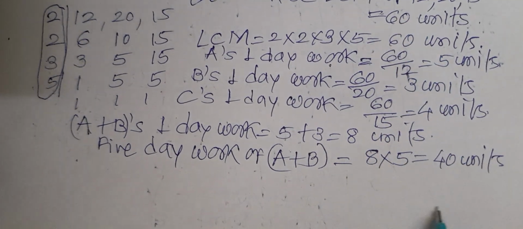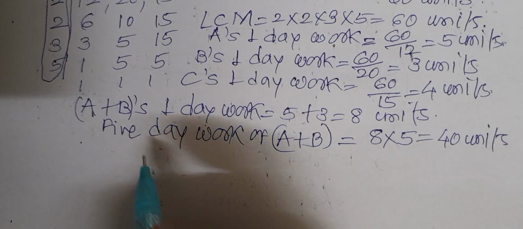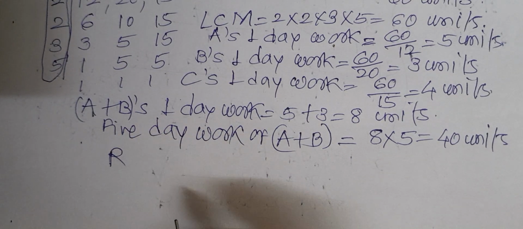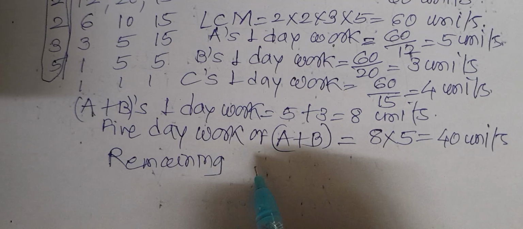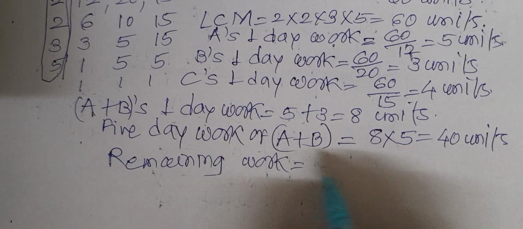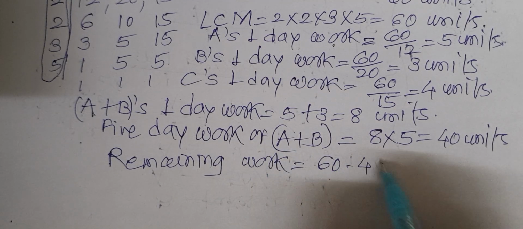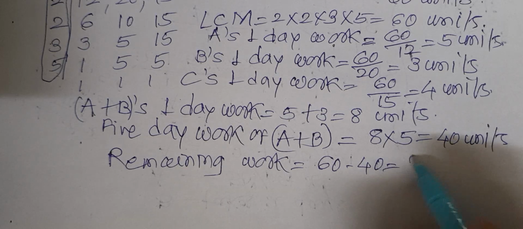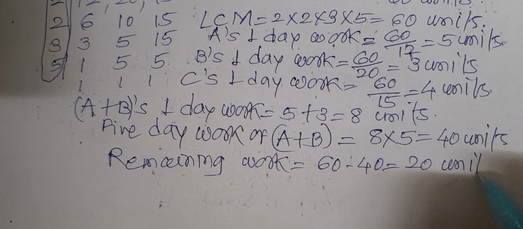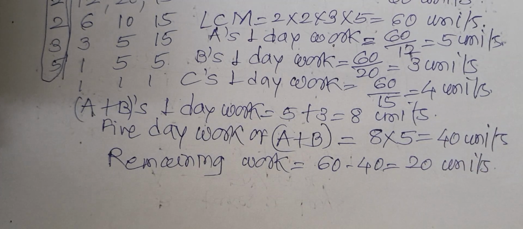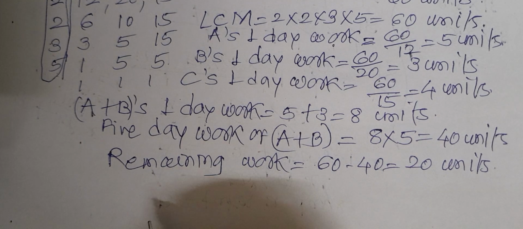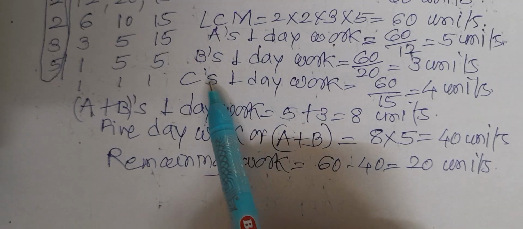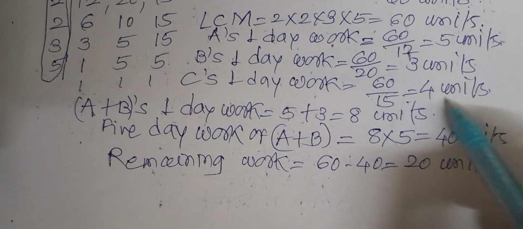So remaining work is 60 minus 40, which is 20 units. C has to complete the remaining work, and one day's work of C is 4 units.